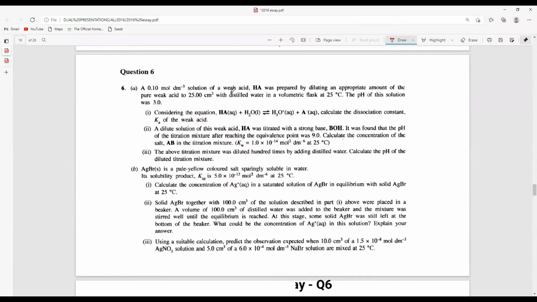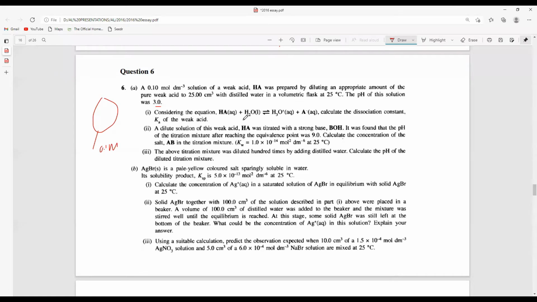A 0.1 M solution of a weak acid HA was prepared by diluting an appropriate amount of the weak acid to a volume of 25 cubic centimeters at 25 degrees Celsius, and the pH is given as 3.